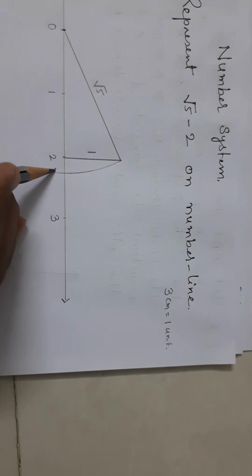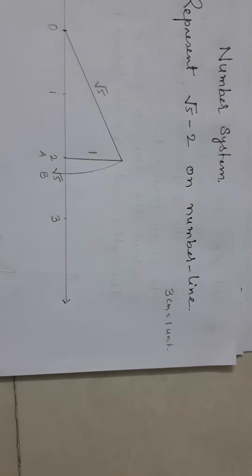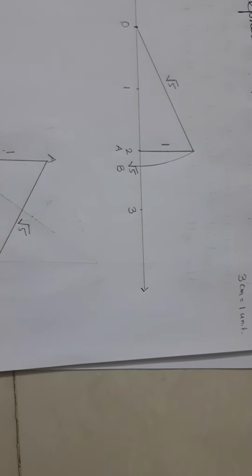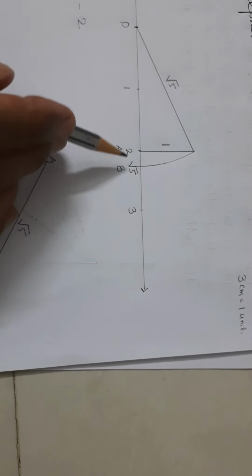This is root 5. Now look here. If I consider this to be O, this to be A, this to be B, then let us check what is root 5 minus 2. Now root 5 is OB.